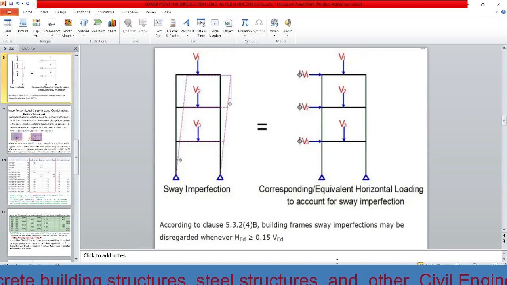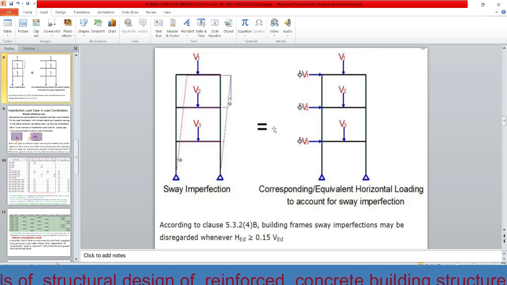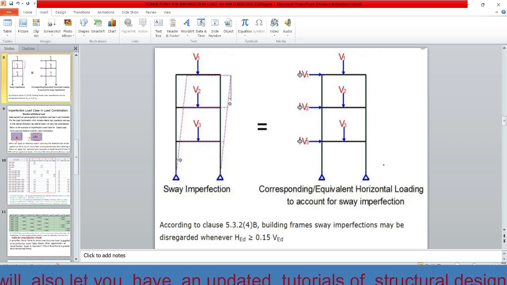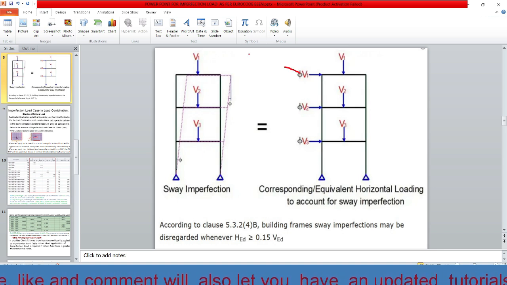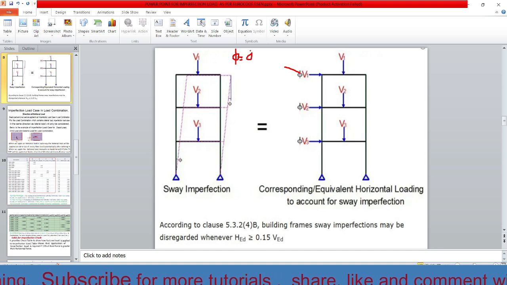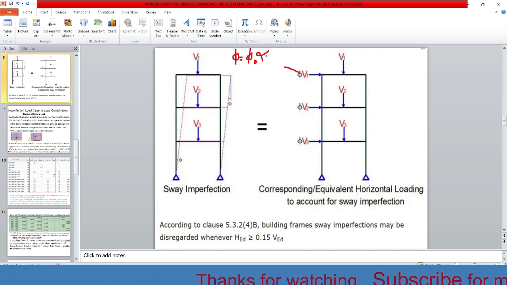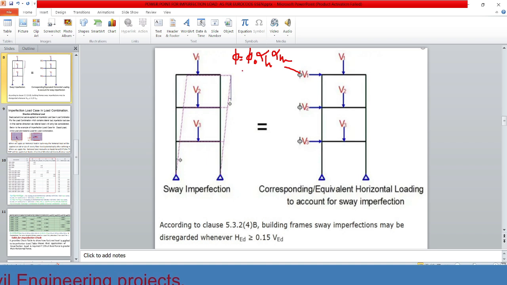And phi is nothing but it will be calculated using the formula: phi, which is equal to phi, that is the basic sway angle, times alpha h, which is the reduction factor for height, and times alpha m.